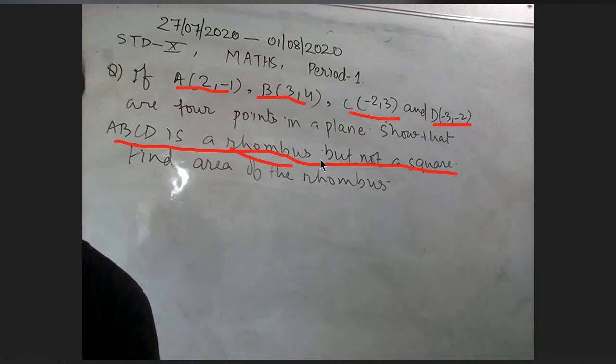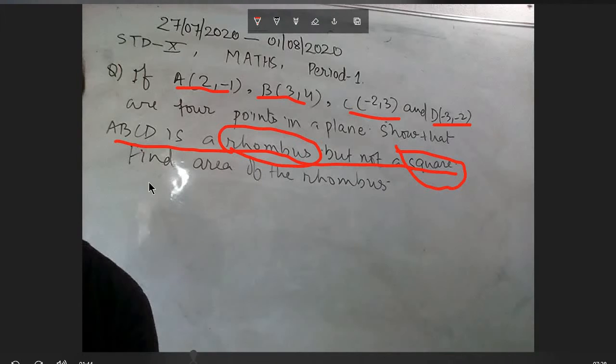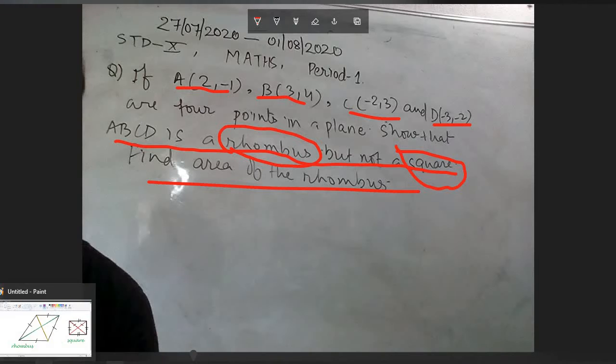Then you have to understand what a rhombus is and what a square is. Then you have to find the area of the rhombus also.